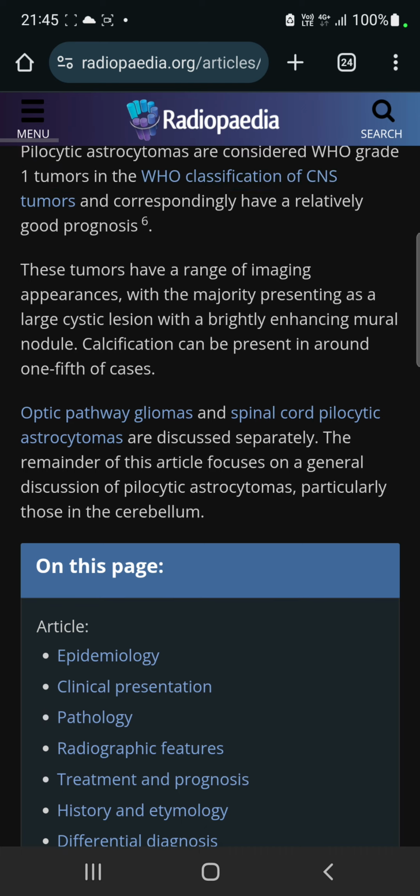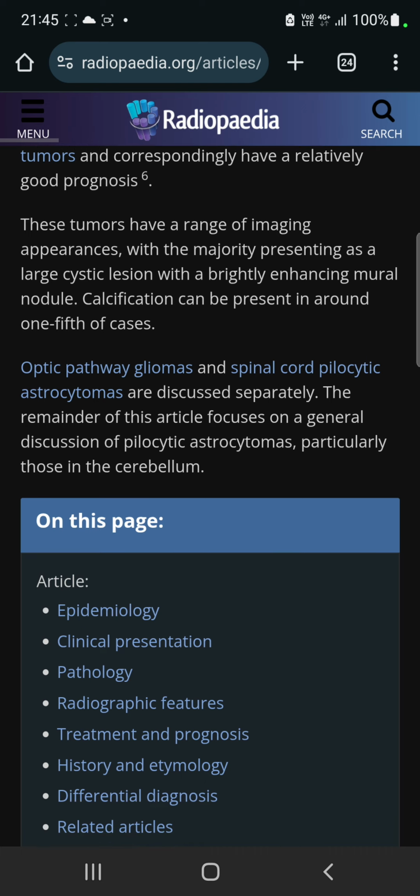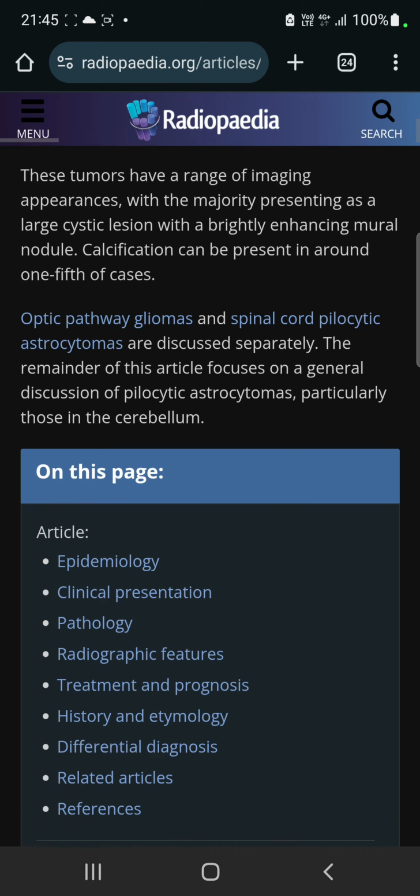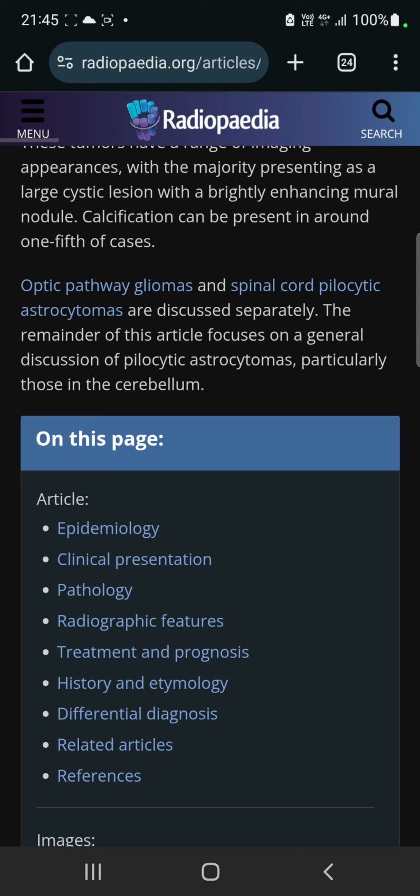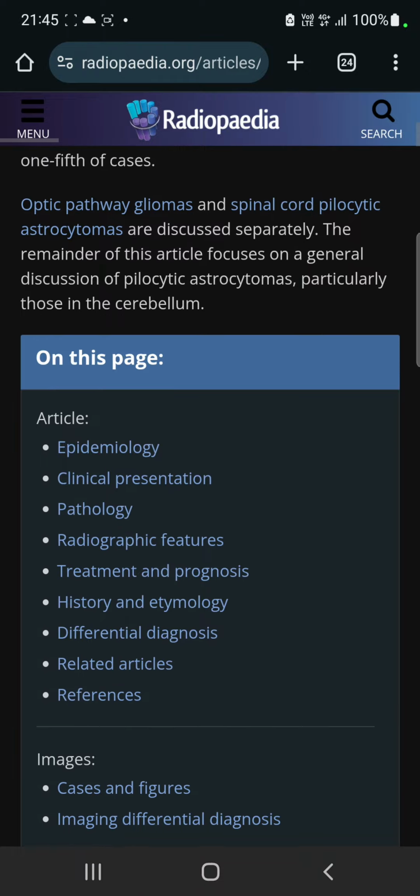It's usually cystic with enhancing mural nodules. So in T1 weighted imaging MRI, you can see, mostly in the cerebellum, a cystic lesion with enhancing mural nodule. Don't mistake it for a hemangioblastoma, which also can be cystic with enhancing mural nodule.